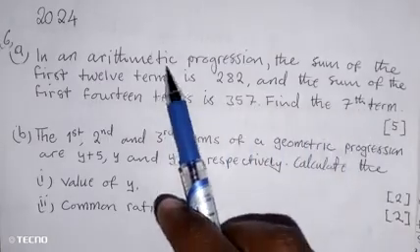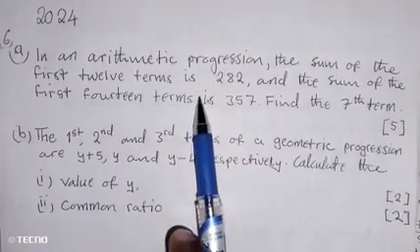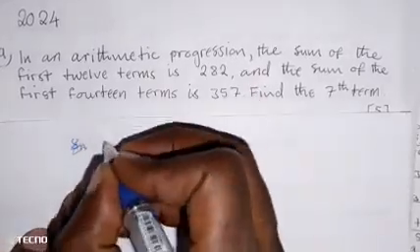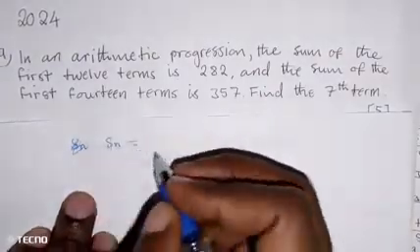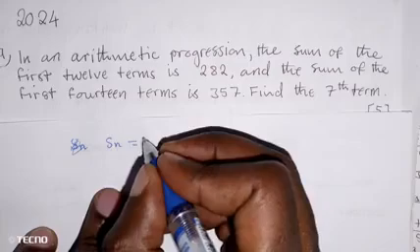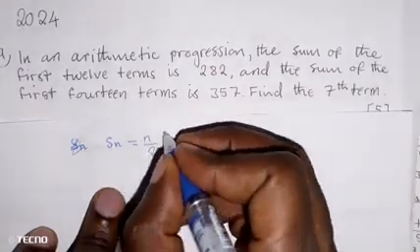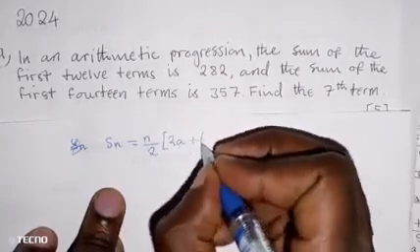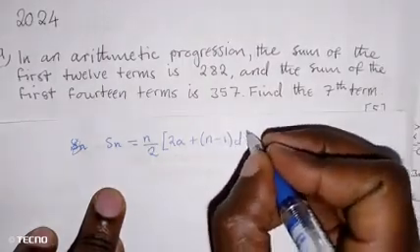So here we have been given that this is an AP. Having this information, we'll say Sn is equal to n over 2, then open bracket 2a plus open bracket n minus 1, close, then d.